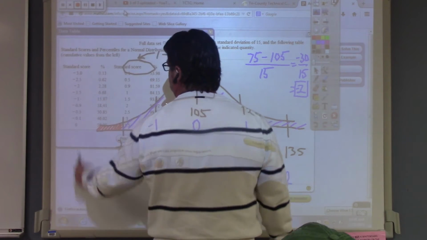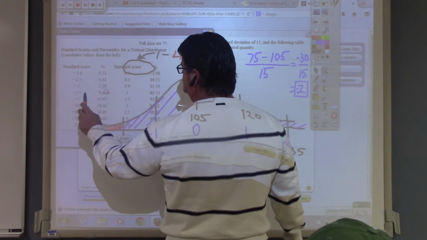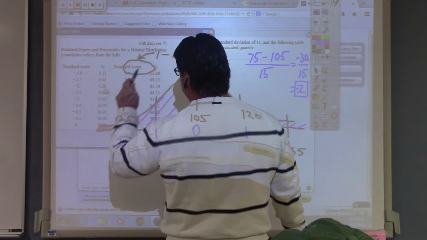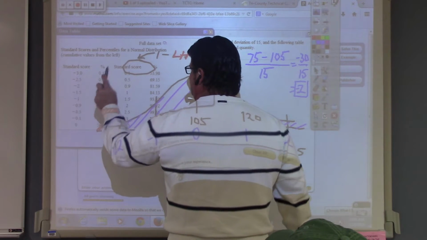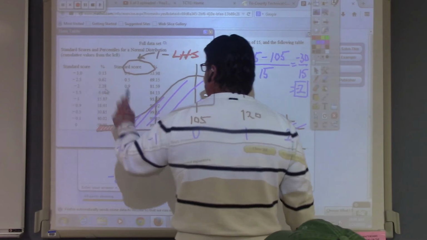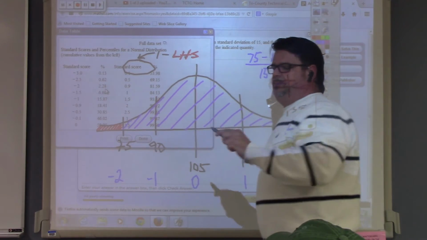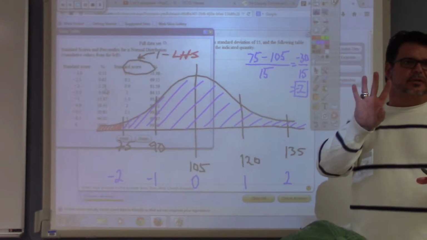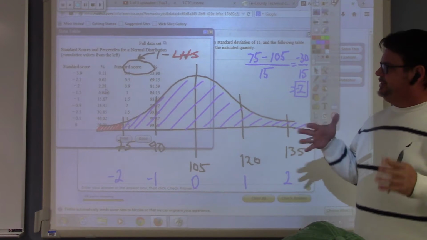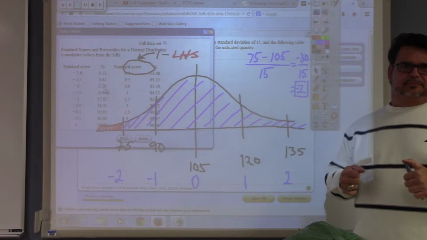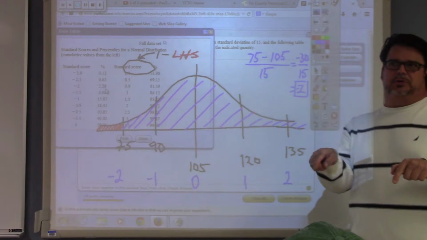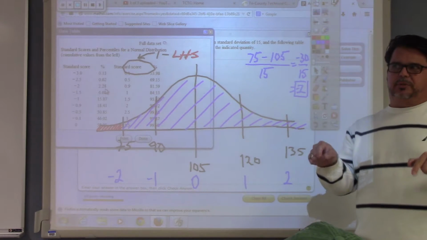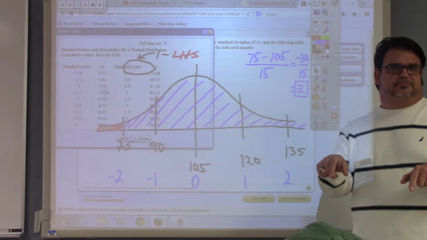-2 gives us a percentage of what? No. I can't stand when they do that. Yeah, 2.28. In the other books, they do 4 decimal places. It's 0.0228. When you get to this book, it basically dummies it down for y'all.